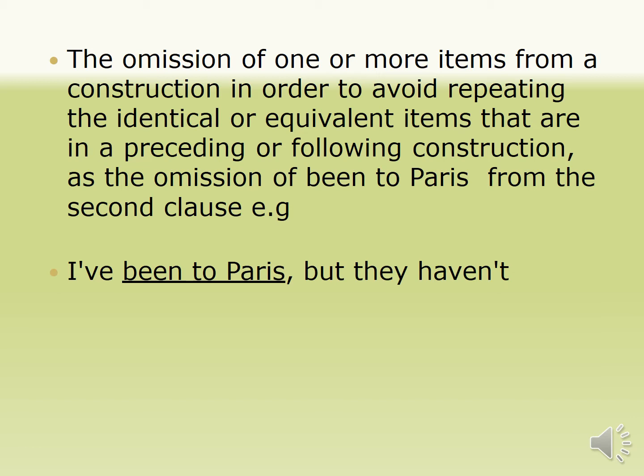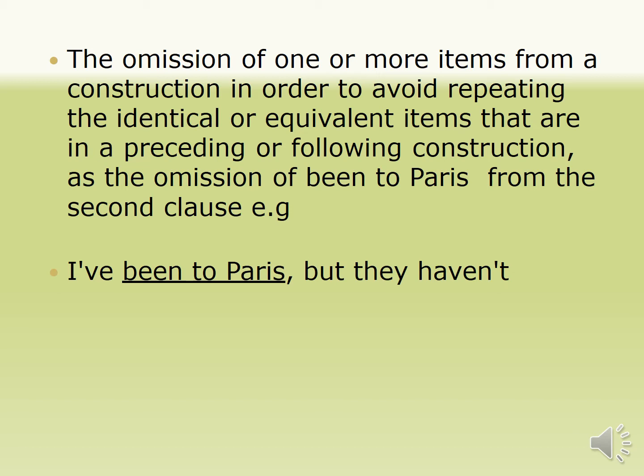I have been to Paris. Just see the underlined words, been to Paris. But in the second clause, they haven't. They haven't what? Actually, they haven't been to Paris. Here the omission of been to Paris is observed. In this statement, we can say that omission of phrases is being observed.